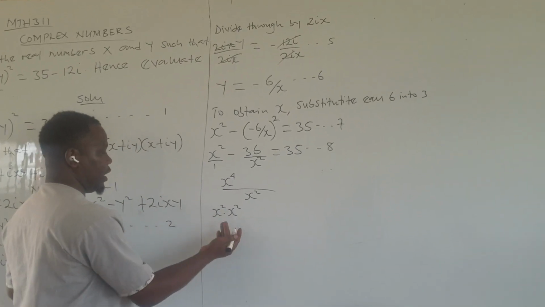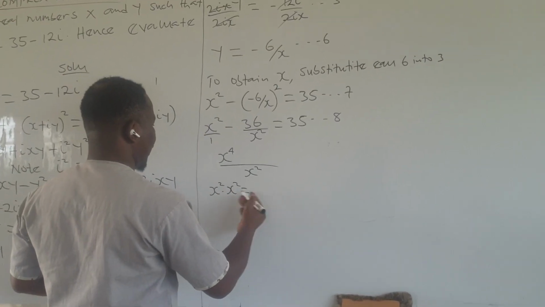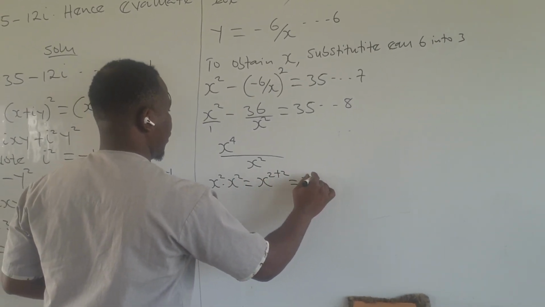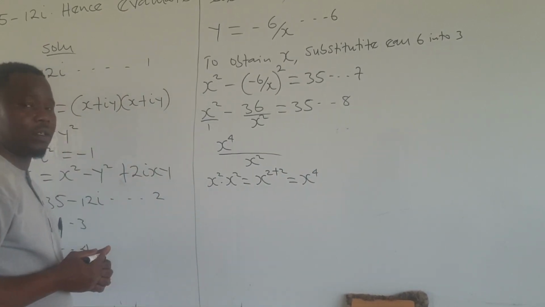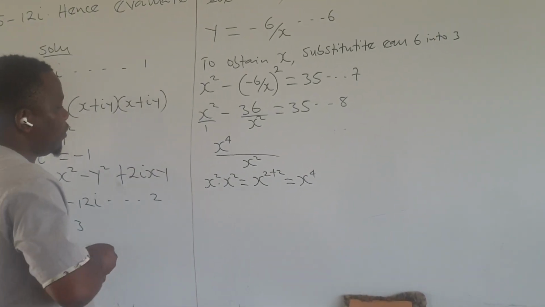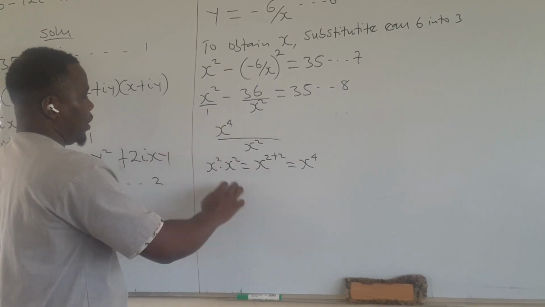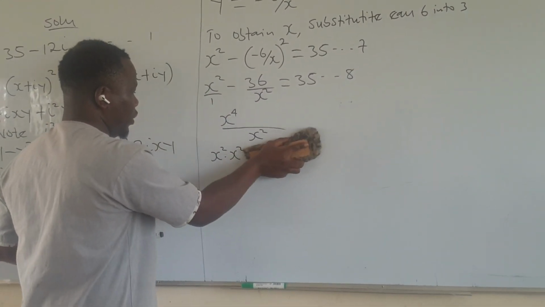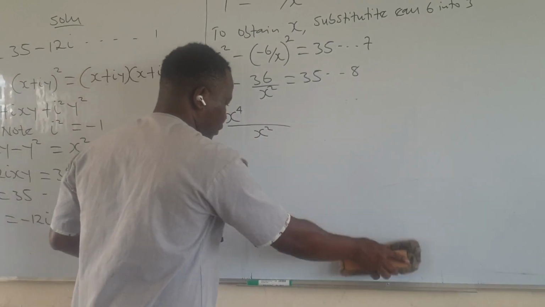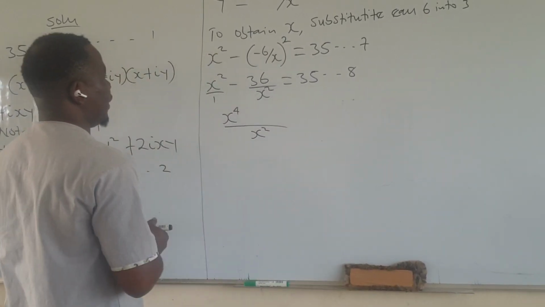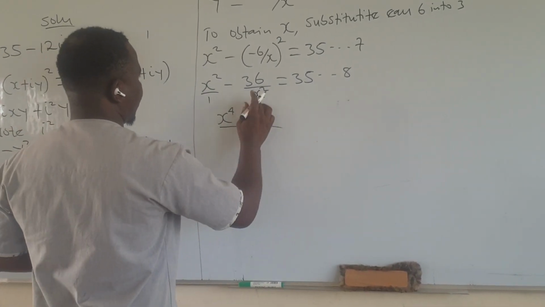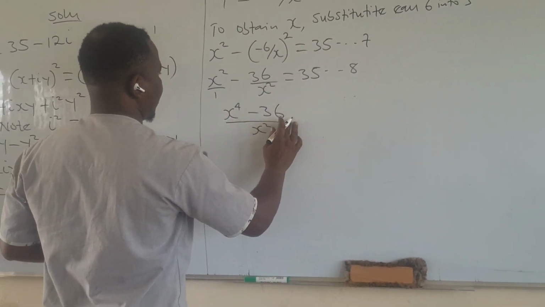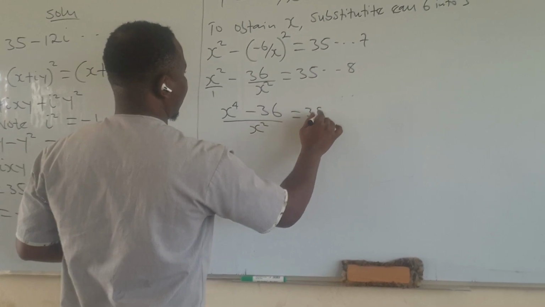You know that the bases are the same, so you have the power x raised to the power 2 plus 2, which is equal to x raised to the power of what? 4. That's how we obtain this. Do you understand?